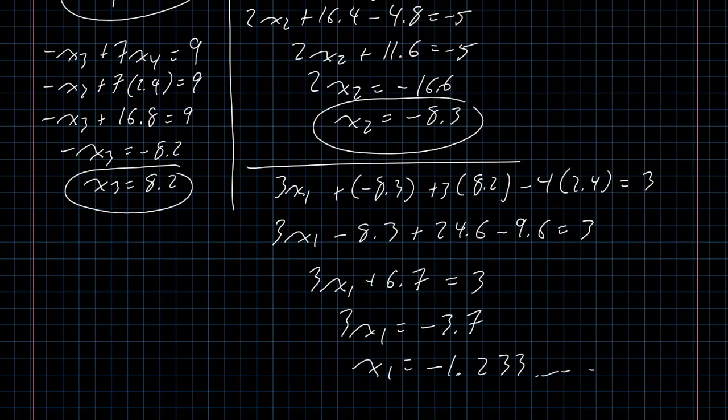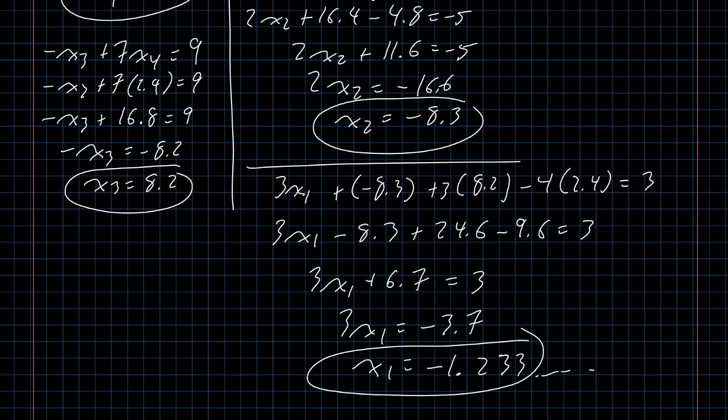Right? X1 is going to be negative 1.233, etc. Again, I know it is large. It takes a lot of writing to get through these problems.